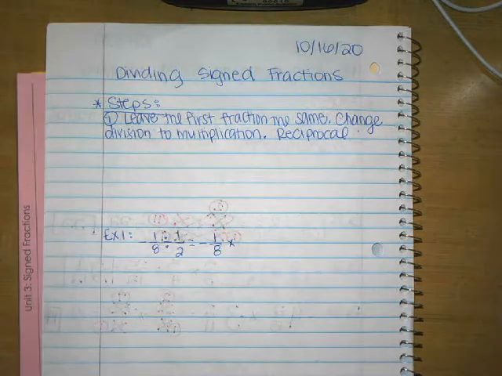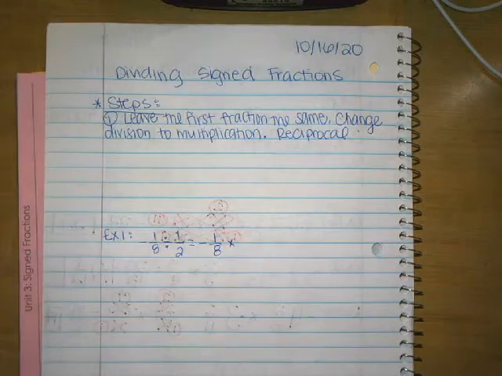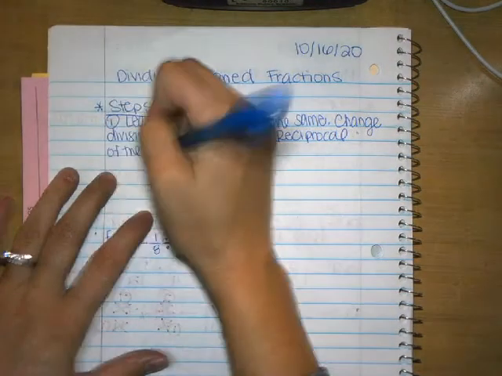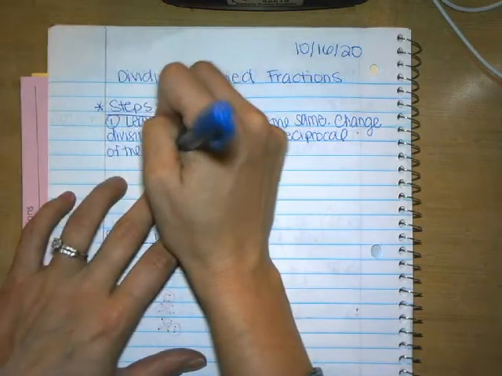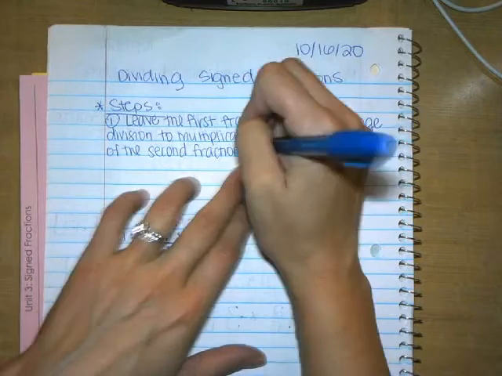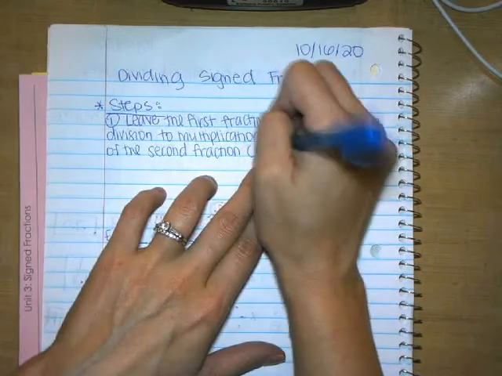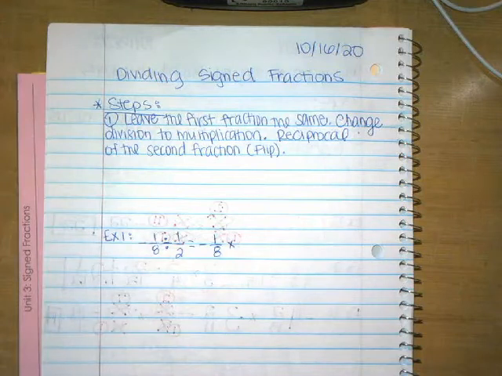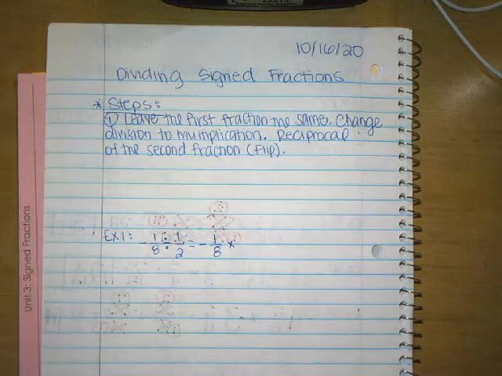So reciprocal is the math word for flip. So you are going to do the reciprocal of the second fraction, which, as we just said, is flip. So when you see reciprocal, it means you need to flip it. Your top becomes your bottom, and the bottom becomes the top.